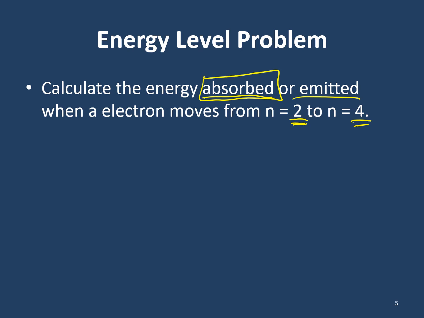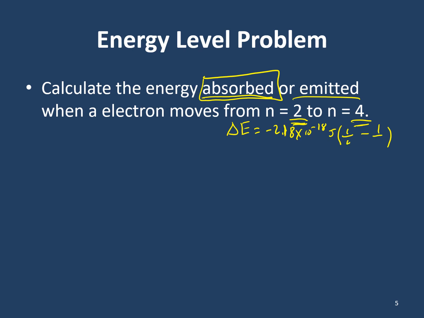Now we know delta E is equal to negative 2.18 times 10 to the negative 18 joules times 1 over nf squared minus 1 over ni squared. Or in this case, we can erase the n's and plug in our numbers.